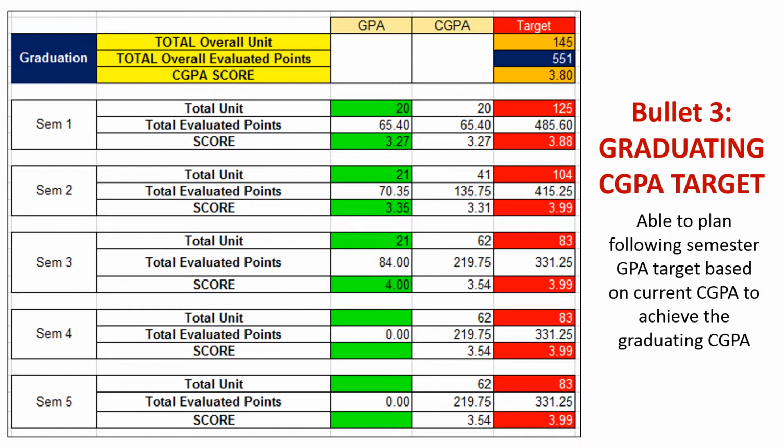He wants to graduate with a certain CGPA. So based on that ultimate goal, he will try to get a GPA target for each semester, so that he is clear of what to get.